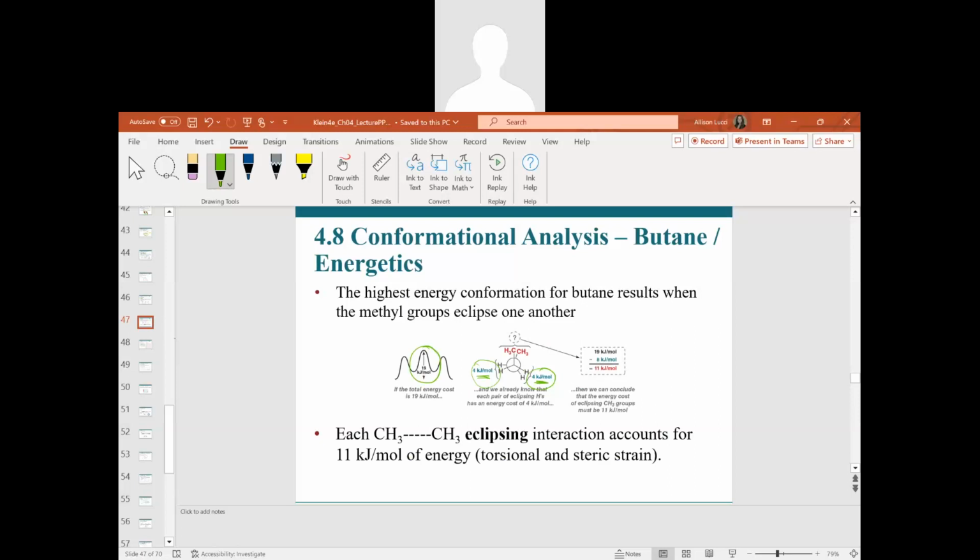We can attribute about 11 kilojoules per mole resulting from these two eclipsing methyl groups. So we not only have the torsional strain, but now we can see that we also have some kind of steric interaction, some kind of steric strain happening as well. And that's what pushes it to that high energy, that 19 kilojoules per mole.